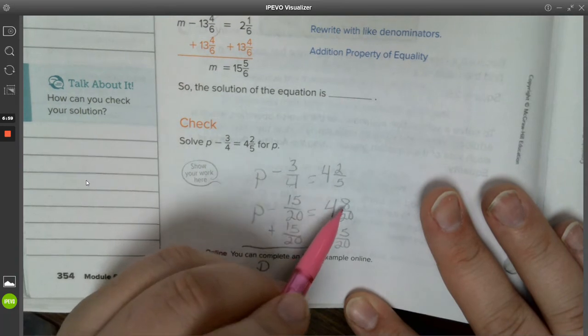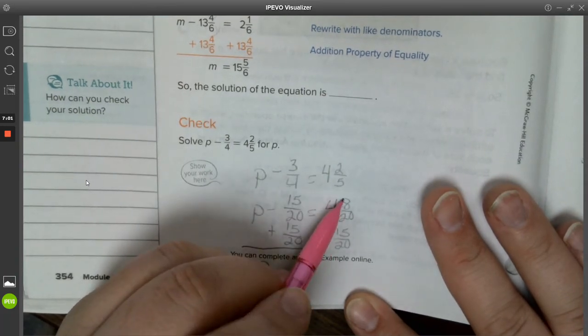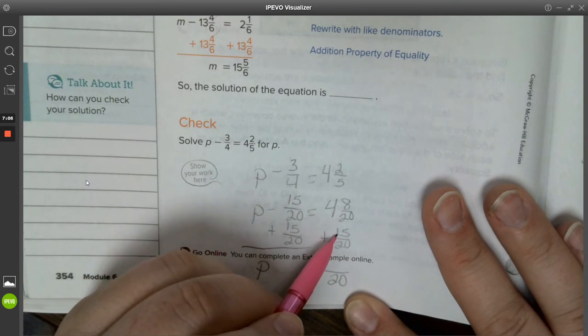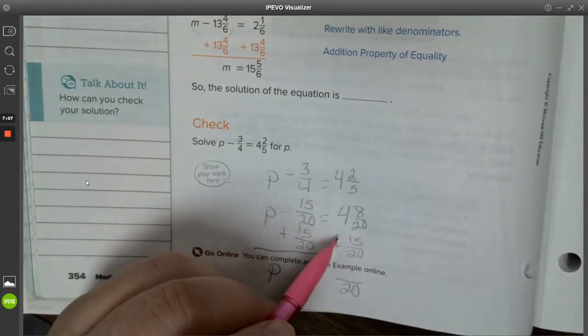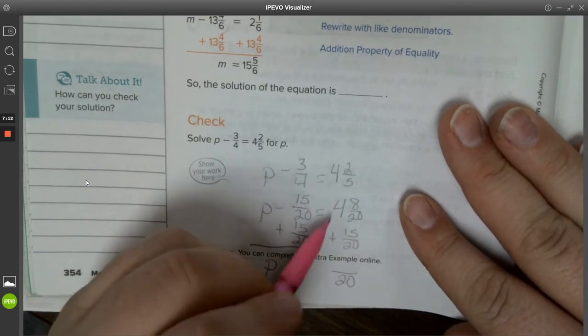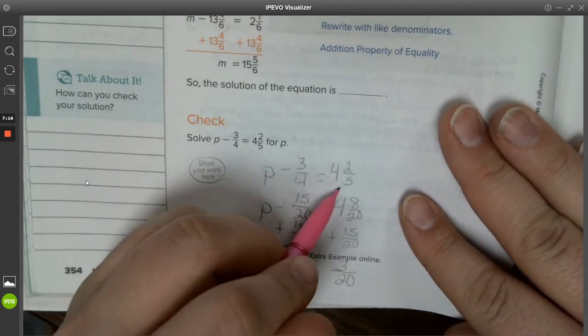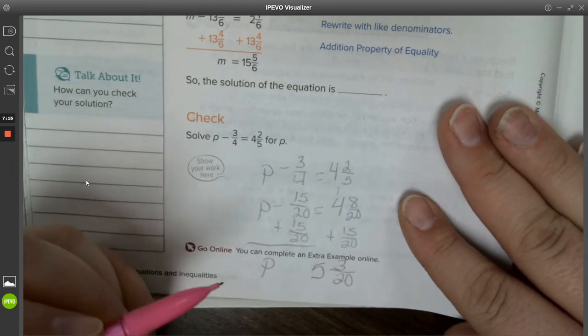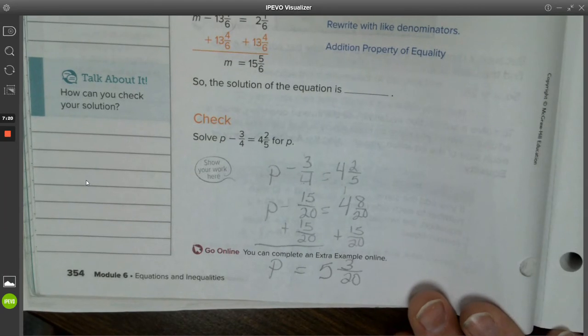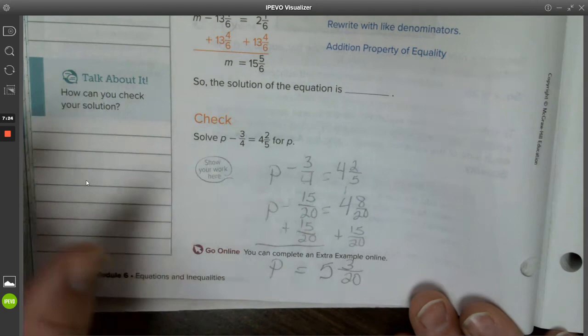If I do that, I'm going to add 15 and 8. So 15 plus 8 would give me 23. But remember then, we're going to take that 23/20ths and pull out 1 to leave me with 3/20ths and add a 1 here, which would be 5 and 3/20ths. Now, can we simplify here? No, that's as simple as it can be. And there would be our solution.